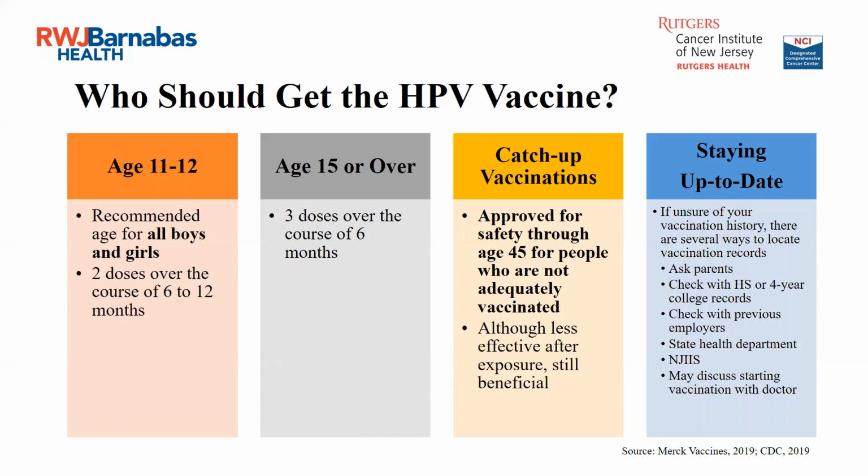Another option would be to go online to the New Jersey Immunization Information System, which collects vaccine data on children in New Jersey. If none of these things are successful in helping you to locate your vaccination records, discuss starting the vaccine series with your doctor.